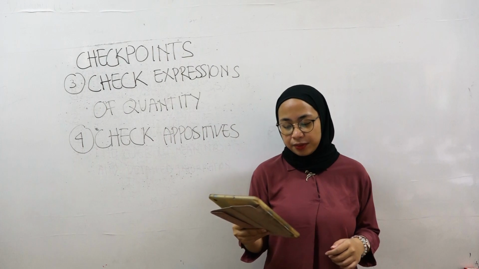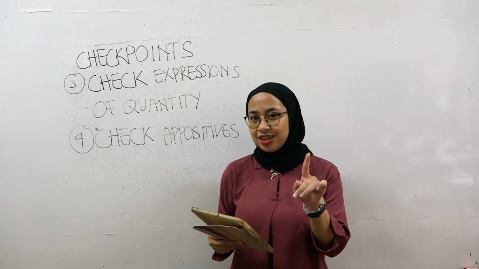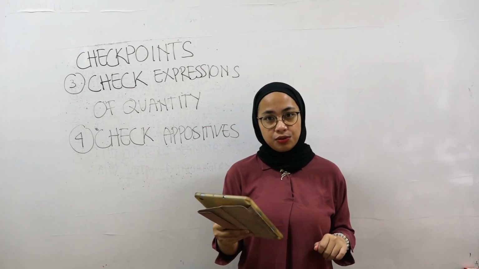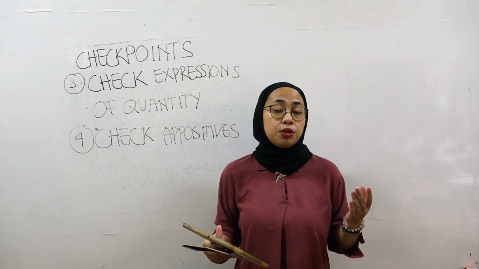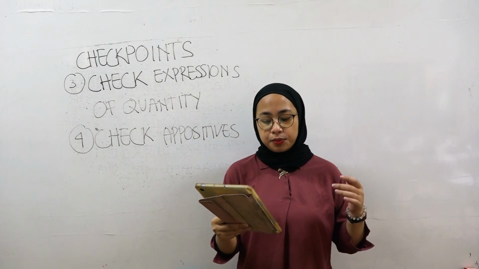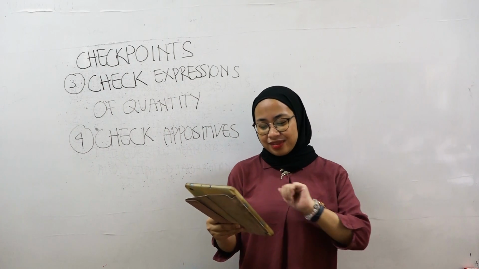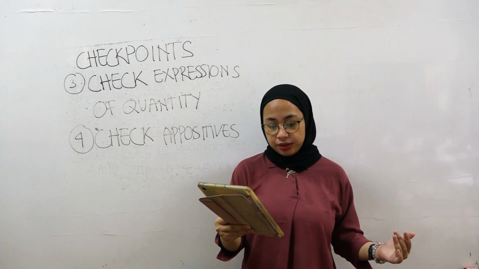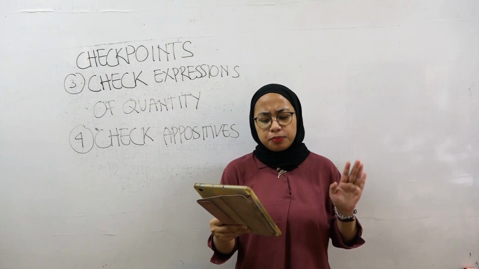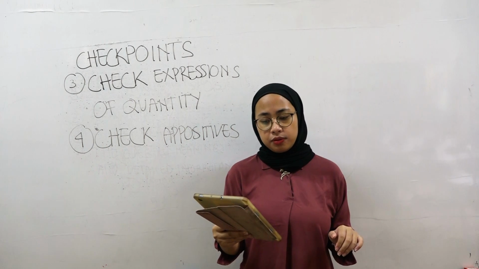I will explain why. In this question, research is an uncountable noun, so it means that research cannot be counted. Thus, the expression of quantity, many of which, refers back to research, all right? But many cannot be used with an uncountable noun.